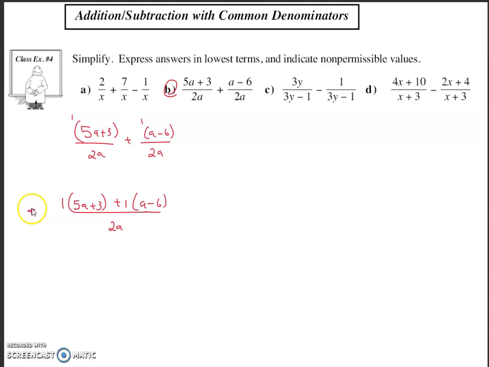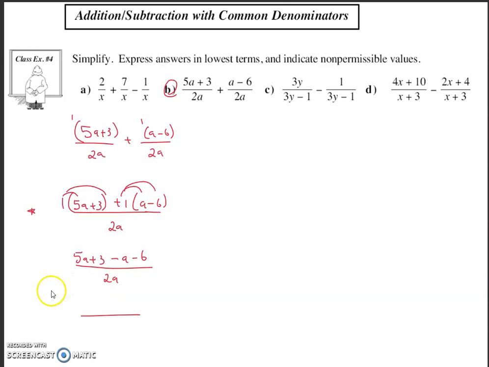So this is a good step to write, just so that we can have like a visual reminder to make sure that we distribute our signs in, especially if it is a question with a negative in between here. In this particular one, it wouldn't have made any difference.